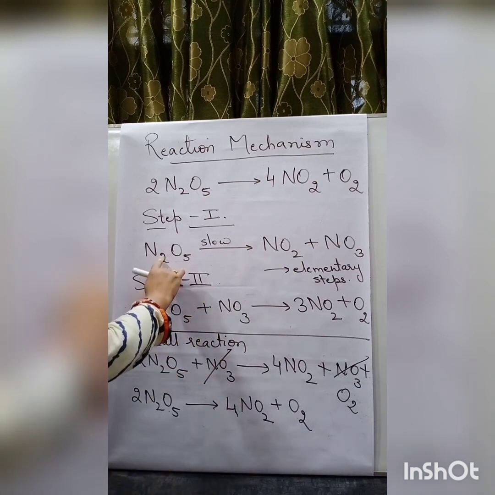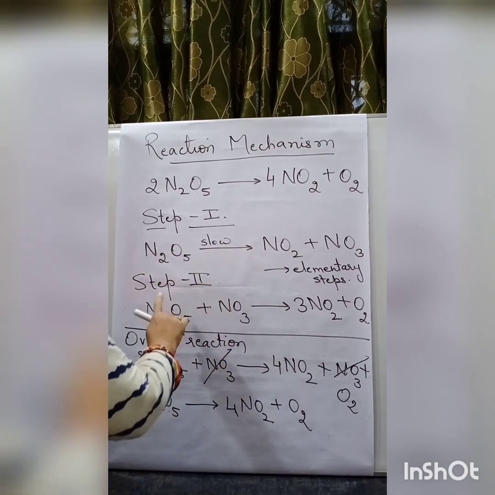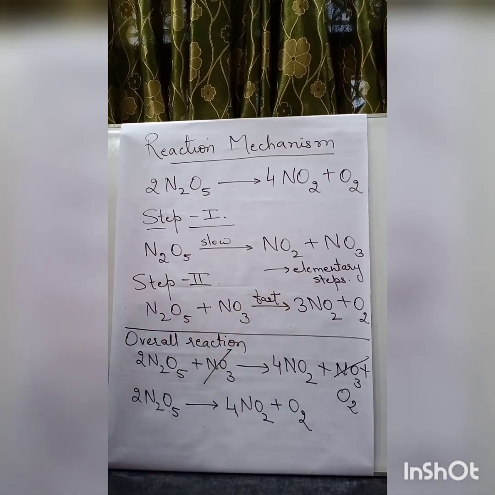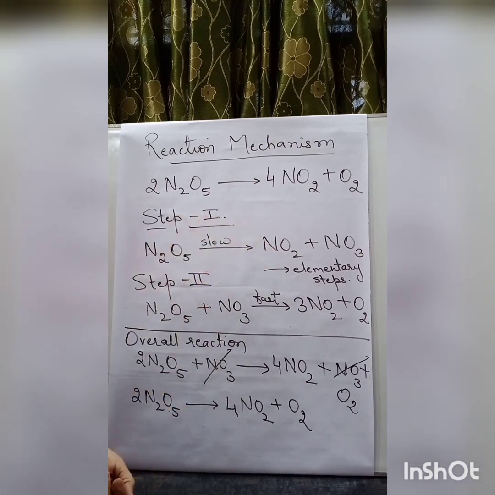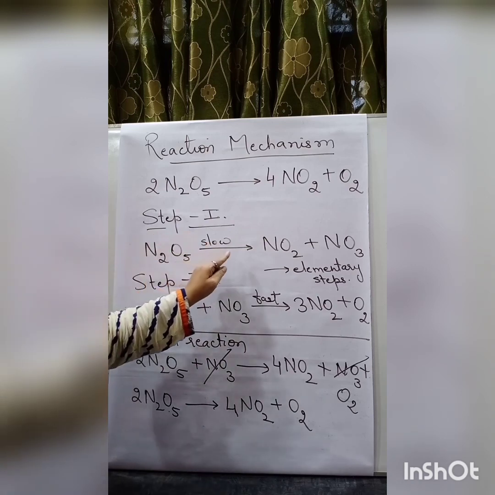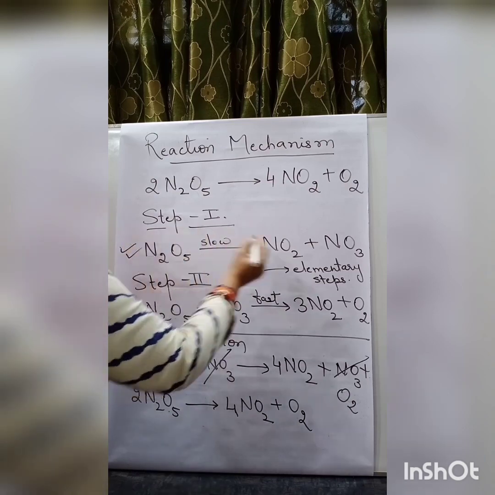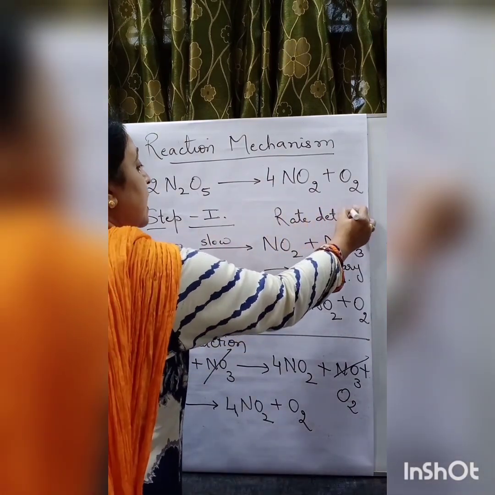Now you notice that in the first step, the rate of reaction is very slow, and in the second step, the rate of reaction is very fast. So when the reactions are taking place in more than one step, one of the reactions will always be a slow step, and that one is known as the rate determining step.